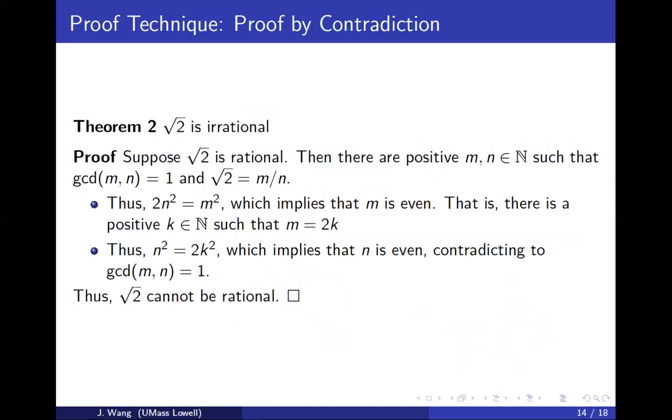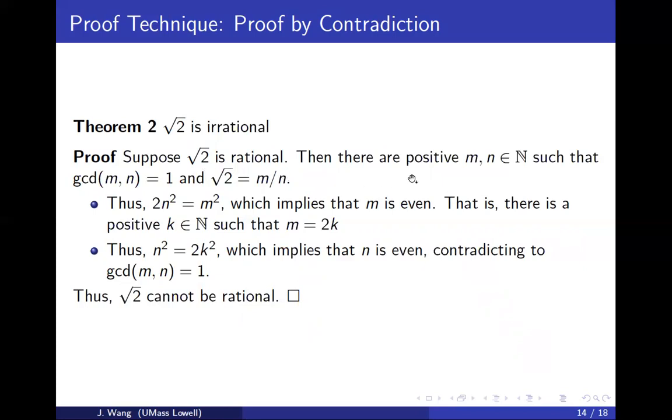Next, we're going to show a technique called proof by contradiction. So here we're going to say square root of 2 is irrational. To prove by contradiction means suppose what you want to prove is not correct and you want to derive a contradiction. So suppose square root of 2 is rational.